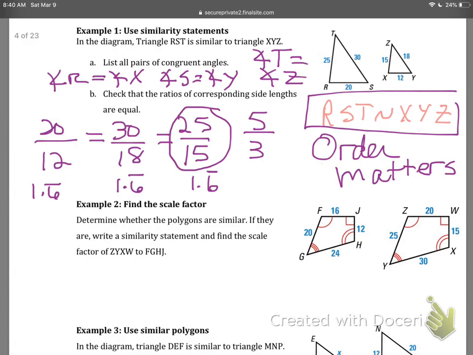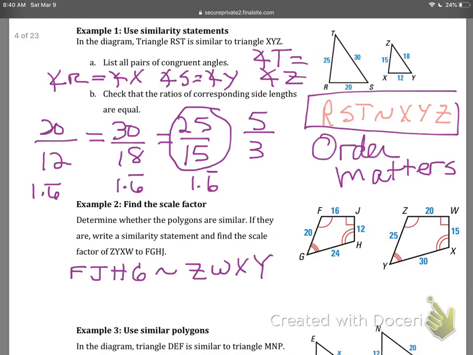So write your statement. Matching up the angles, I get FJHG is similar to ZWXY. So make sure that your angles all match up.